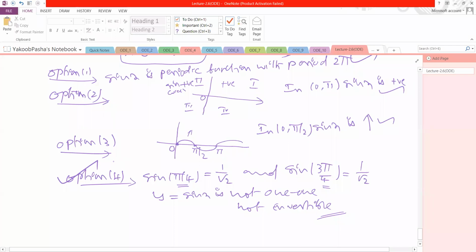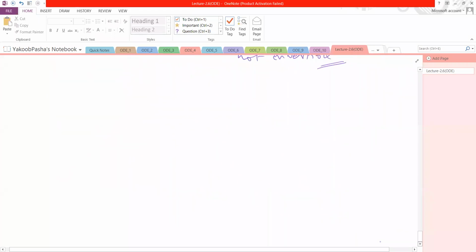Now I am taking another NET problem, CSIR NET.